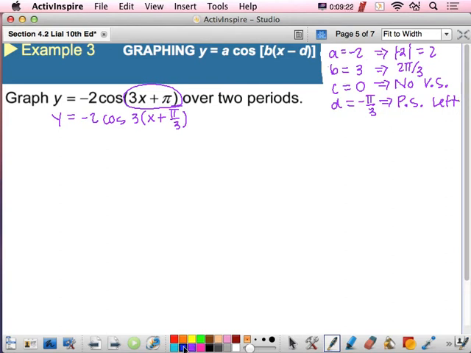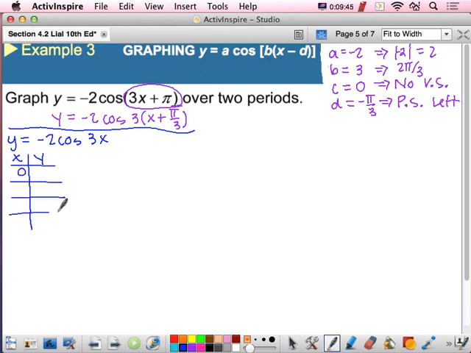Let's make our first table. For the first table, I'm just going to make a table for y equals negative 2 cosine of 3x. We're going to ignore the d for now. We're going to make that table, starting at 0 and ending at our period. What's our period? 2 pi over 3?